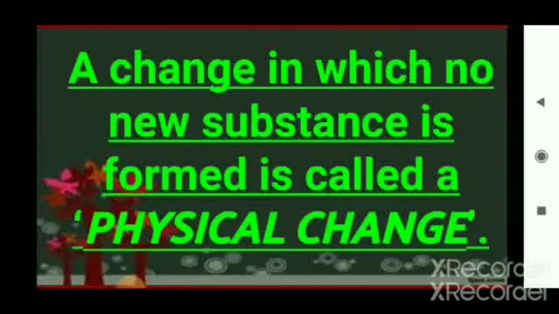Tearing of paper, stretching a rubber band, blowing air into a balloon, dissolving sugar in water. These all are examples of physical change because no new substance is formed here, right?